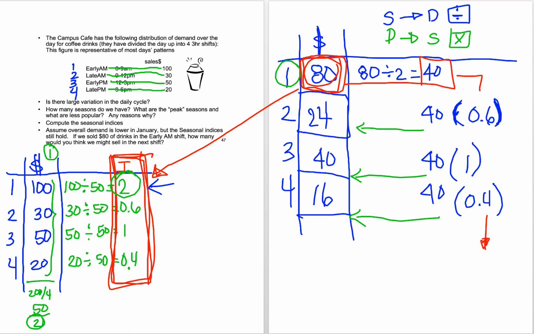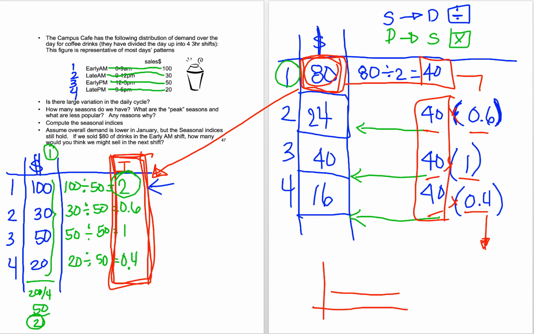Because once again, I want to reiterate, we're only dealing with stable forecasts. And through this step, we know that the deseasonalized value for each season is 40. And now we can multiply the values of the index into the deseasonalized value to give us the seasonal value for each season.